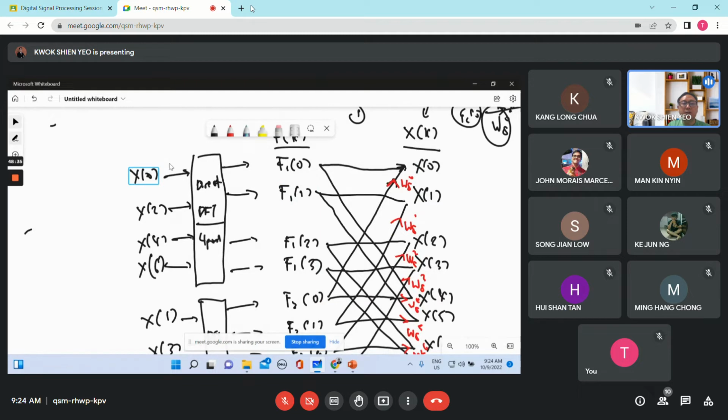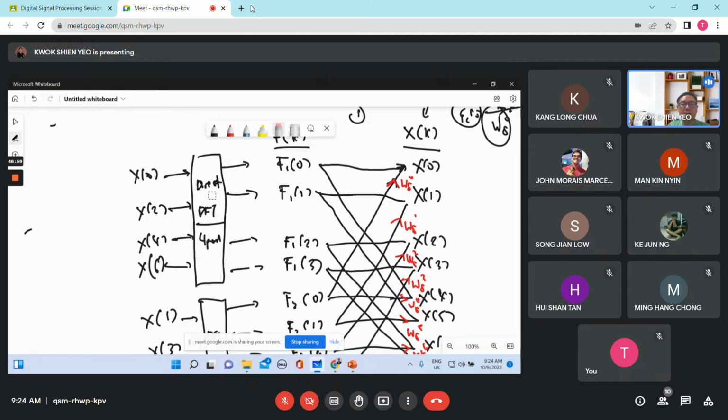And then I know that I can further break this down into odd and even. Because this is a 4-point DFT, I want to break it down into a 2-point DFT. That's my goal.